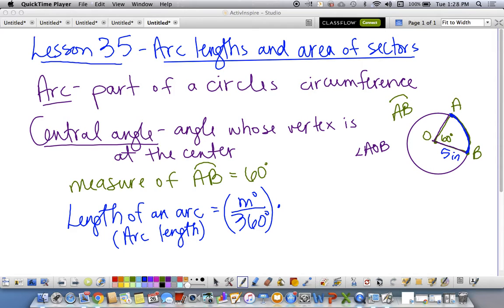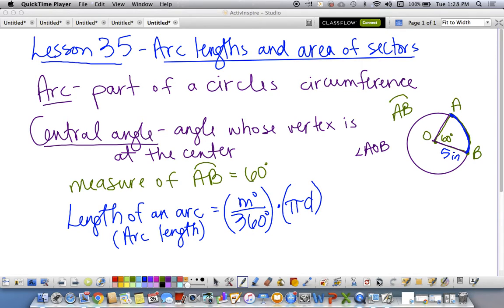It's also pi d. 2 times the radius is the diameter. Area is squared. So 2 times what's circumference?